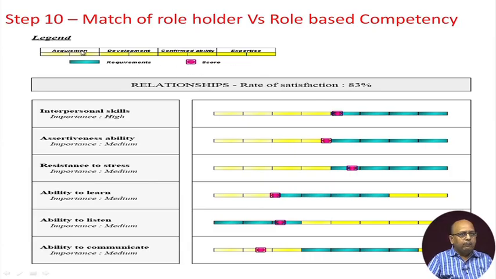So, you are moving from either here to here, and these are the competencies, and for each of the competencies you have to see where you are standing, right. So, for each one of them, this is the score that you have got. Here it is very high, here it is medium, it is medium, it is medium. So, this way you can see where the person stands on this, right.